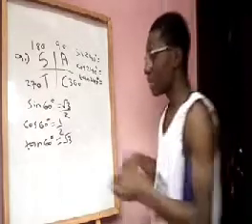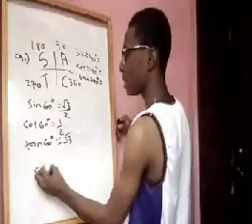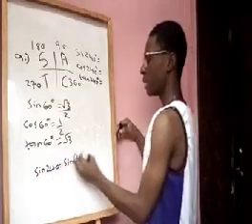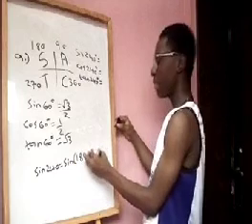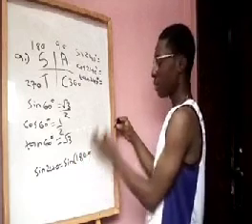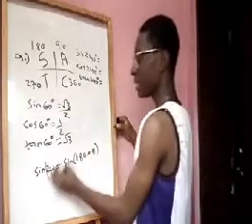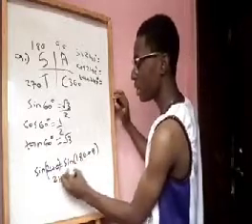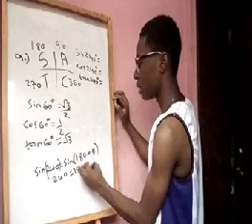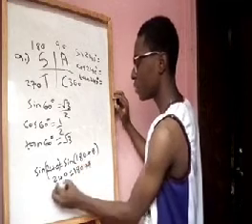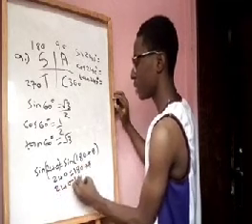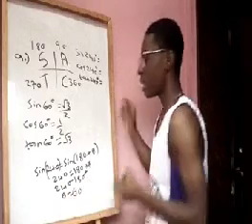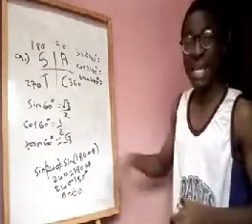So sine 240 is sine of 180 plus theta. If we equate both sides, 240 degrees equals 180 plus theta. So theta will be 240 minus 180, which is 60 degrees.